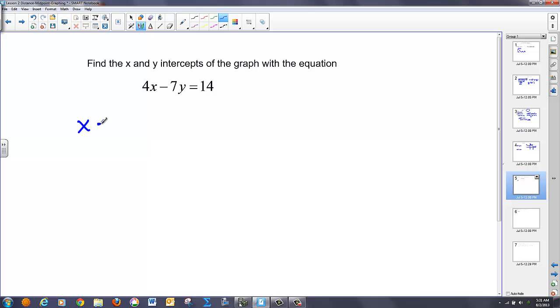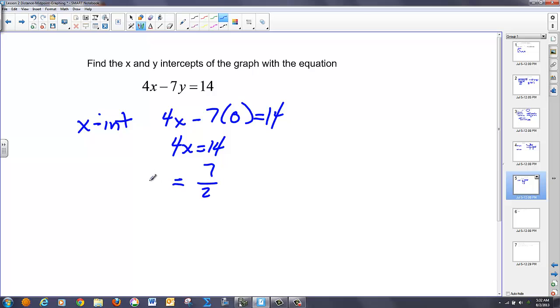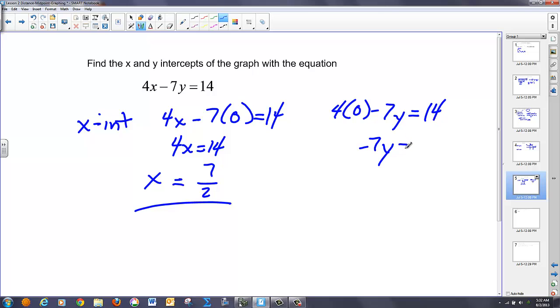Basically, x-intercept, set y equal to 0, so I have 4x minus 7 times 0 is 14, leaving me with 4x is 14, or 7 halves is equal to x, and that's my x-intercept. For my y-intercept, I'm going to set x equal to 0, so I have 4 times 0 minus 7y is equal to 14. Negative 7y is 14, so y ends up equaling negative 2, and that's my y-intercept.